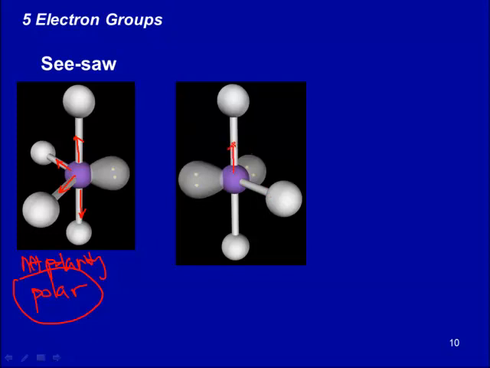Two of the arrows pretty much cancel each other out, one pointing out, the other pointing in. But if this one is pointing out, nothing is going to balance this arrow. Those 2 pretty much cancel each other out. So in this one we'll have net polarity, and the whole molecule is polar. It's called T-shaped molecular geometry.